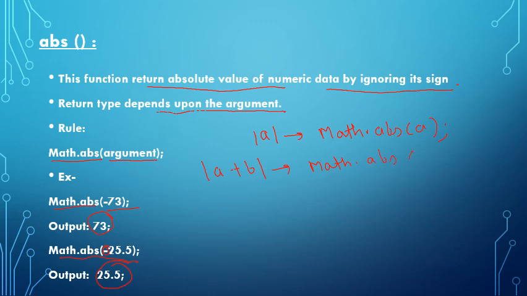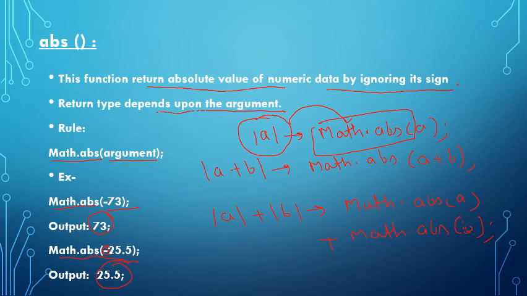Math.abs of A plus B. If it is written mod A plus mod B, we can write Math.abs of A plus Math.abs of B. So always remember the mod function in Java is replaced by the function Math.abs.